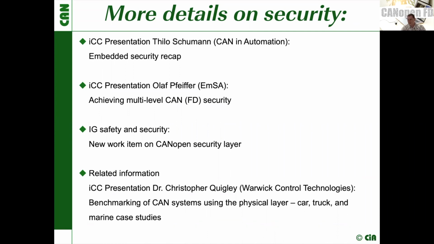It has also been called fingerprinting in other use cases. So if you're interested in this, please have a look at these presentations. They can show you some solutions to introduce cybersecurity in CAN-based systems, also applicable for CANopen and CANopen FD.